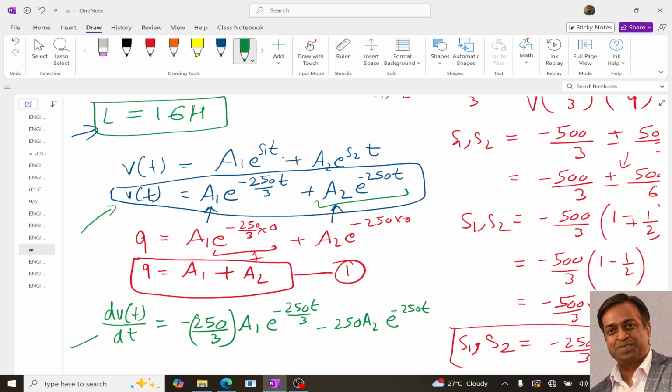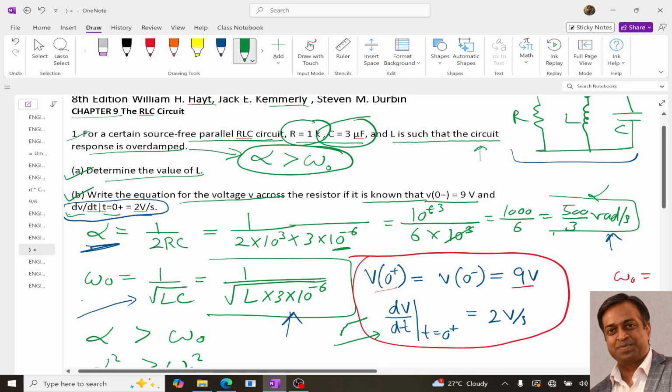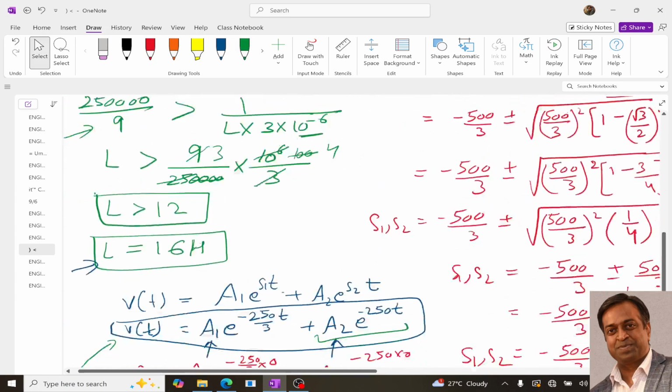Now substituting the value of dv by dt at t equals to 0 plus, it is 2 volt per second.